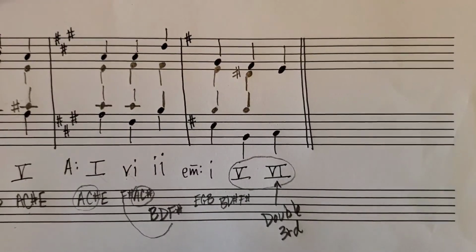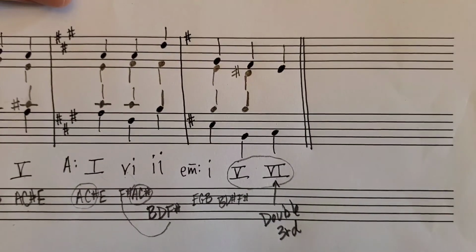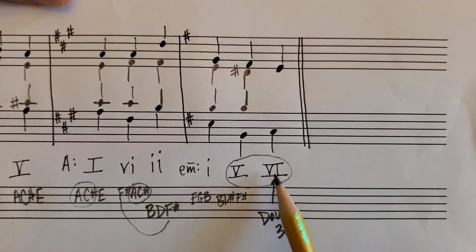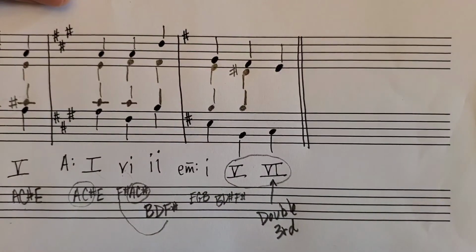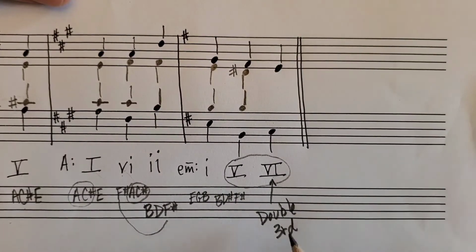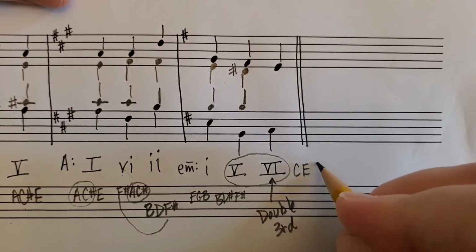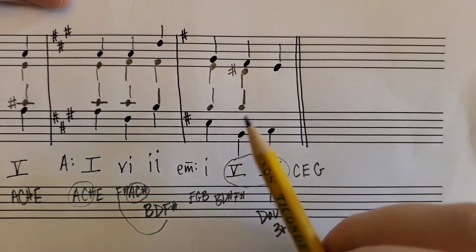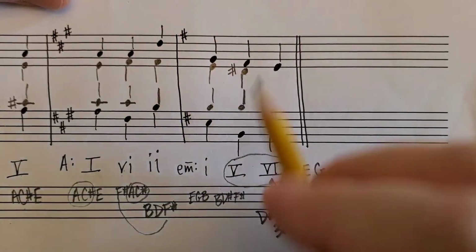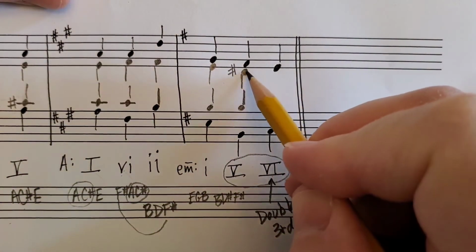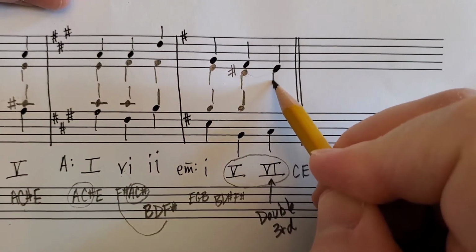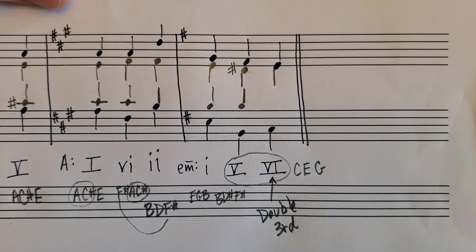Okay, now here comes that special rule that we've been talking about, and that is when you move from 5 to 6, you want to double the third of the 6th chord. And let me show you why that is. Now the 6th chord here is C, E, G. Now notice we have a leading tone in the 5 chord. And the leading tone is going to go up to the E. Well, the E is one of the thirds.